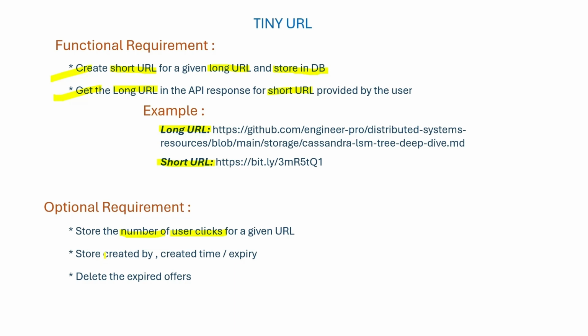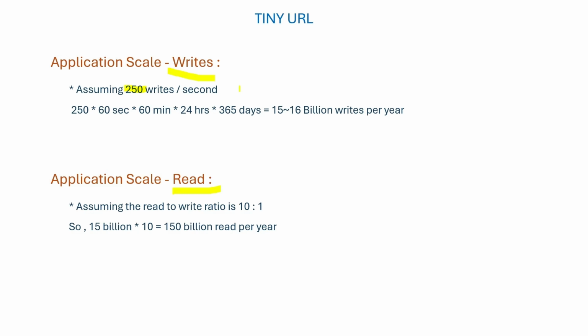We should also store who created the short URL, the created time, and if we have an expiration policy, the expiration time after which the URL can be deleted from our systems. The last optional requirement would be to delete the expired URLs.